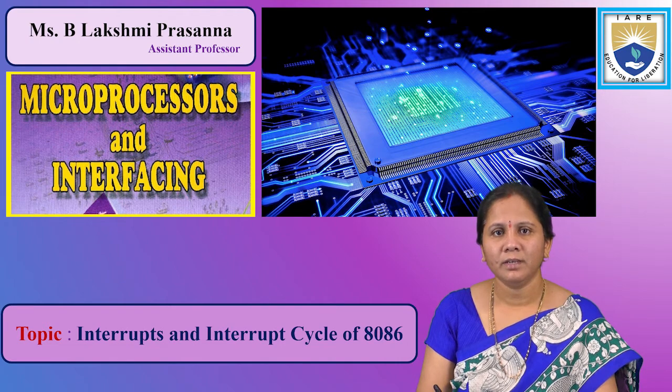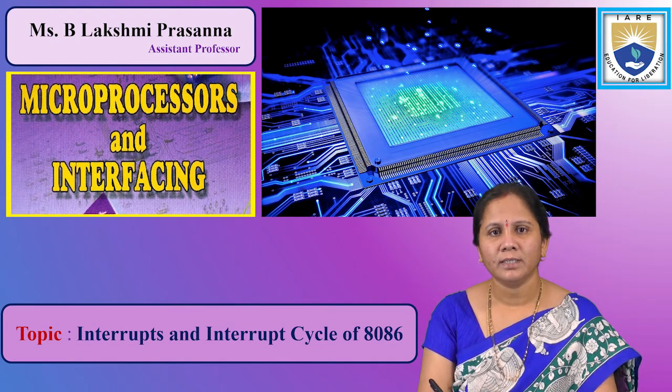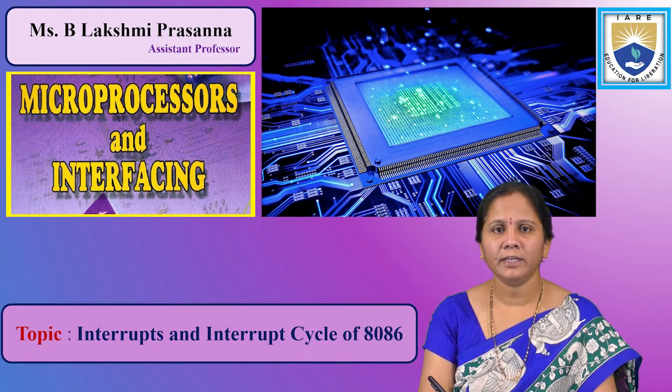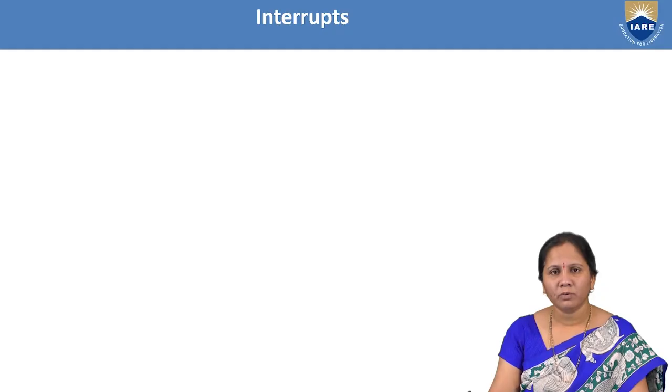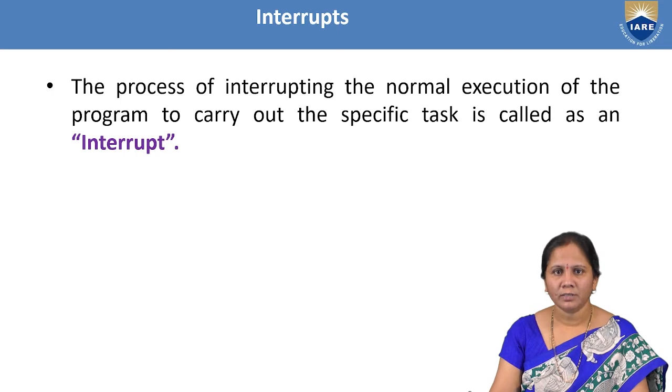In this session, we will discuss the interrupts and interrupt cycle of the 8086 microprocessor. Before going to the detailed discussion about the interrupt cycle and the classification of interrupts, first we need to know what is meant by interrupt.